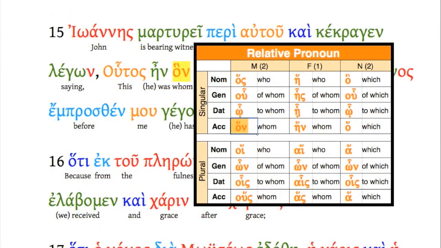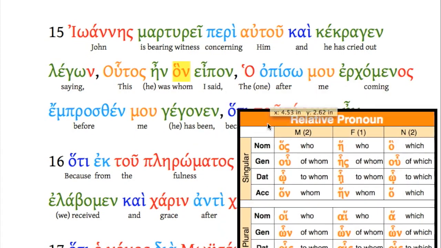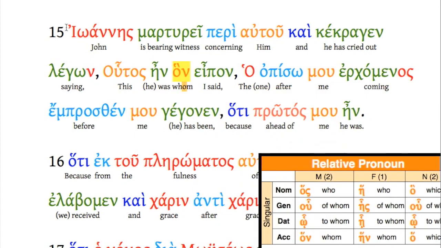Here's another one down in verse 15, hon, and this is the accusative singular masculine form. So what's going on with this one in the sentence? Okay, so we start off, Ioannes martyrei peri autou, kai kekragen, legon, houtos en hon eipon.